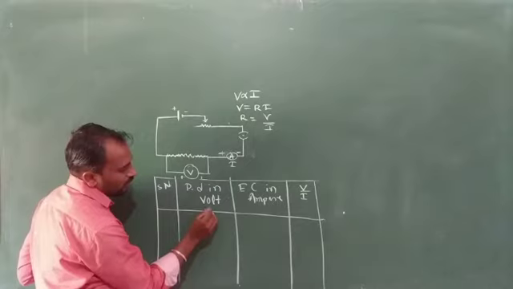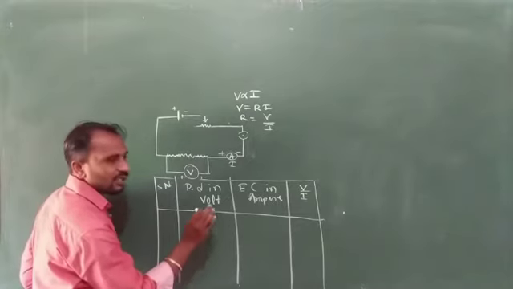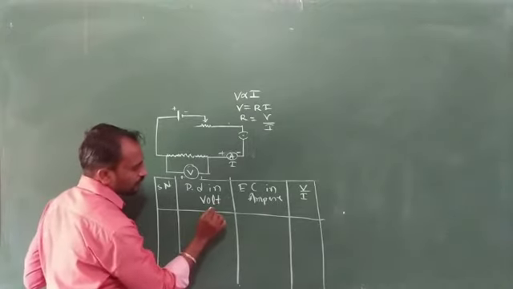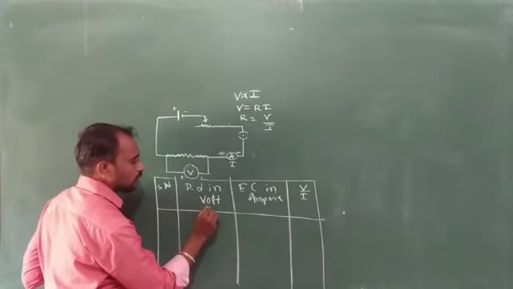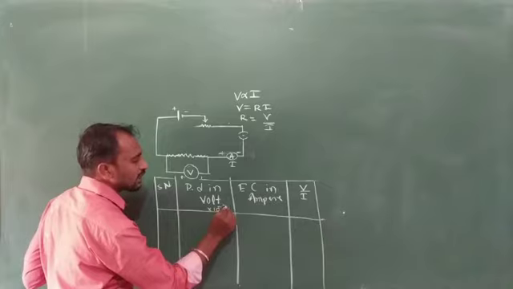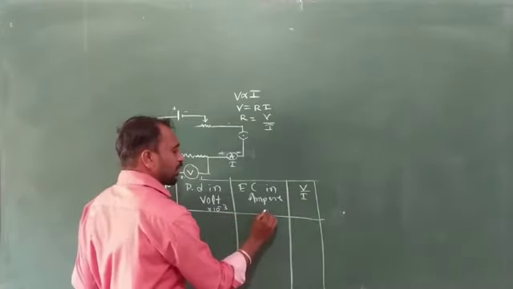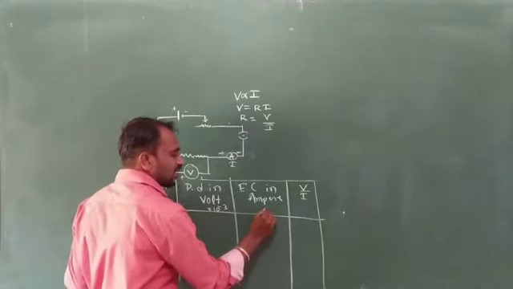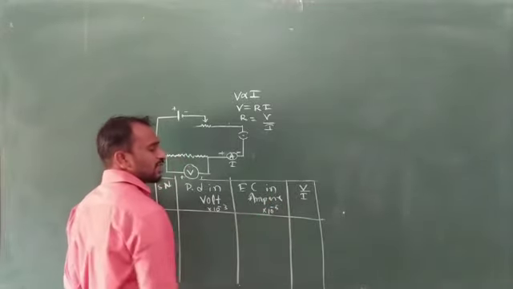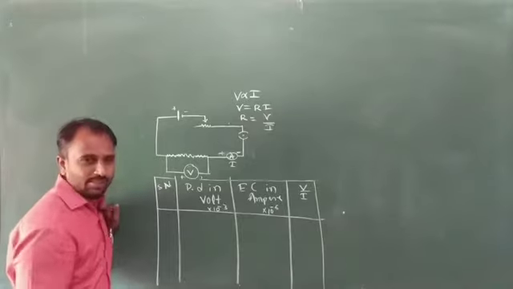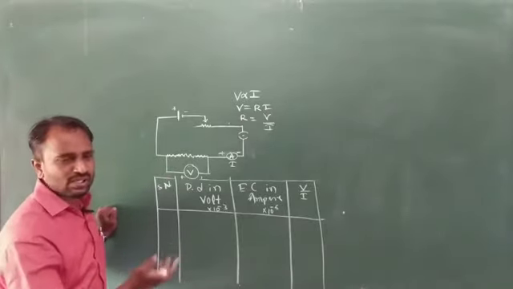Here the potential difference we can measure in millivolts, that is 10 power minus 3 volt, and the electric current is measured in 10 power minus 6 ampere, which means microamperes. It means a small amount of current is flowing through this conductor.